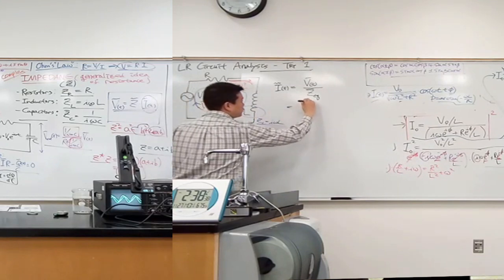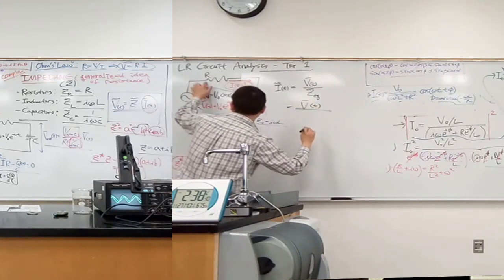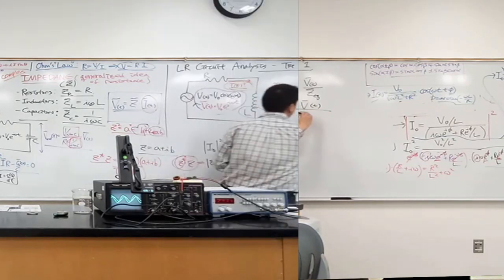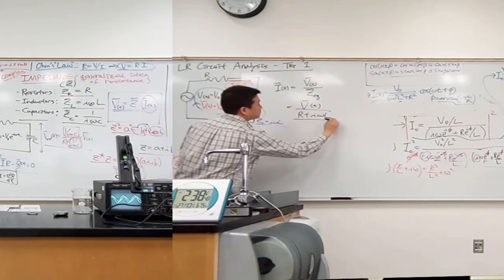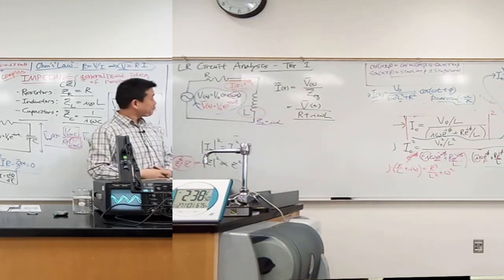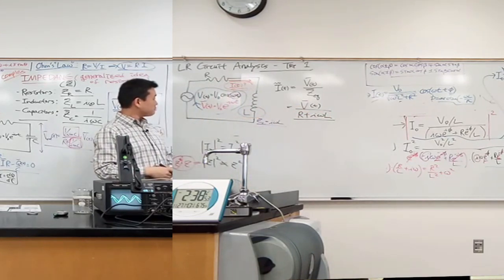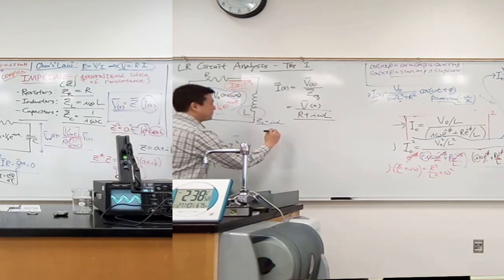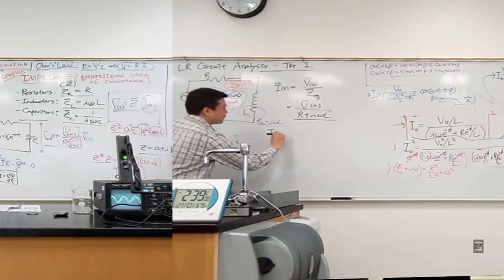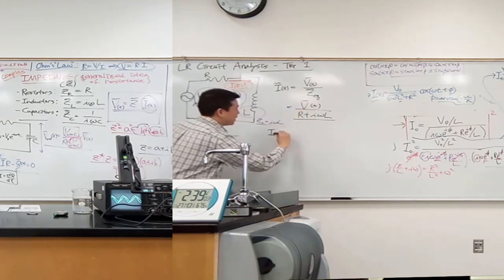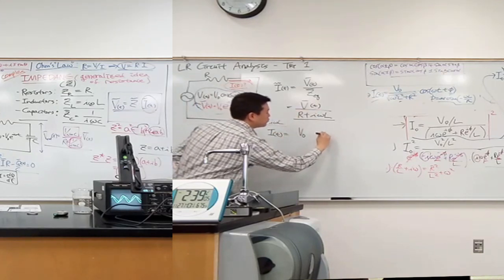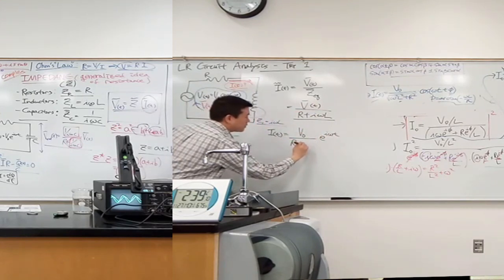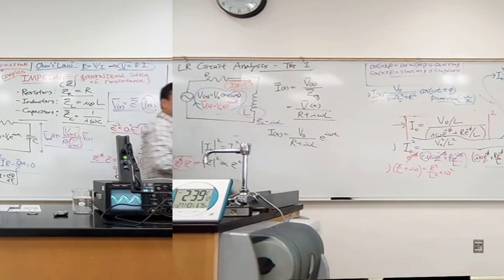So this would be the voltage divided by R plus I omega L. All right, I guess that's my answer. My current as a function of time is the voltage as a function of time, V naught e to the I omega t, divided by R plus I omega L.